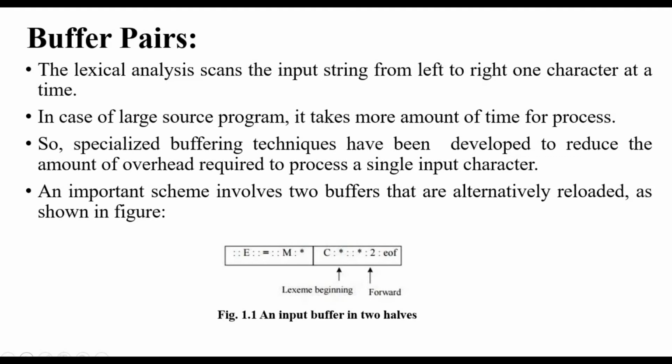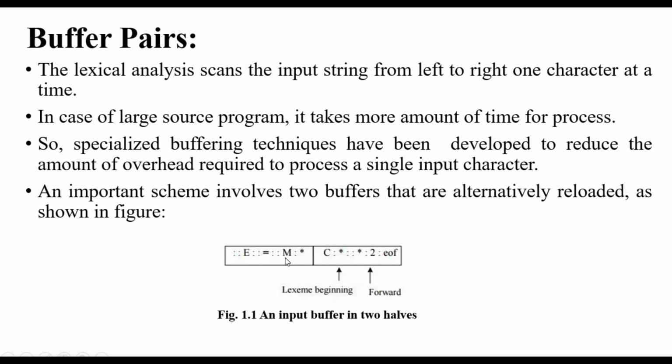So specialized buffering techniques have been developed to reduce the amount of overhead required to process a single input character. An important scheme involves two buffers that are alternately reloaded, as shown in the figure. Here you see two buffers, first of size n and second also of size n, so the buffer is divided into equal sizes.